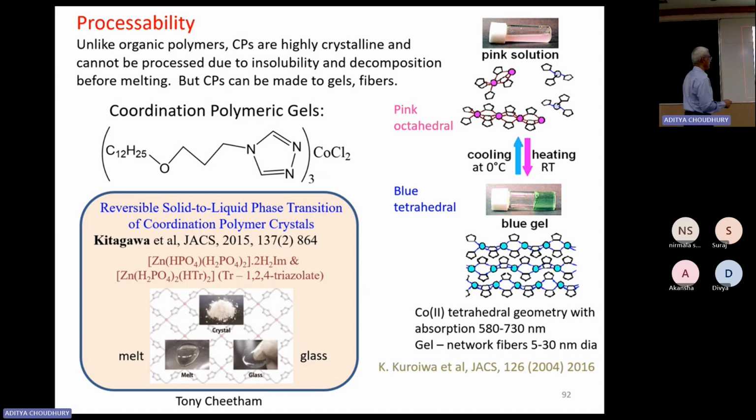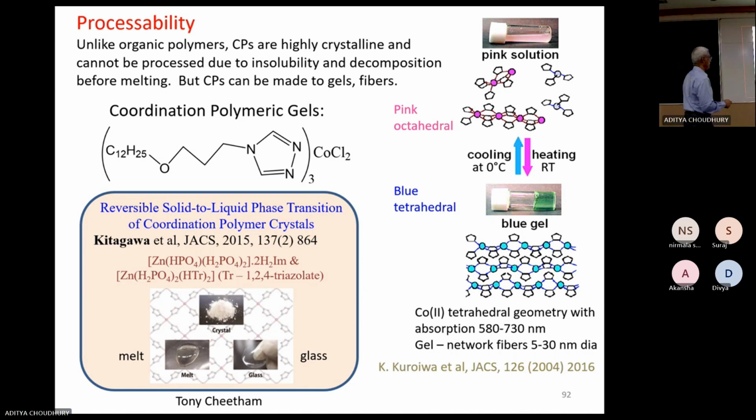At room temperature, in gel formation, it forms a one-dimensional coordination polymer, as you can imagine. When you heat it up, it is broken into monomers and oligomers. That need not change the color, right? But the coordination number has changed.